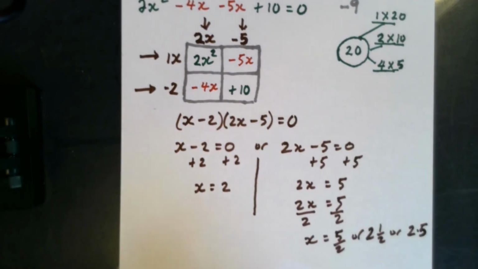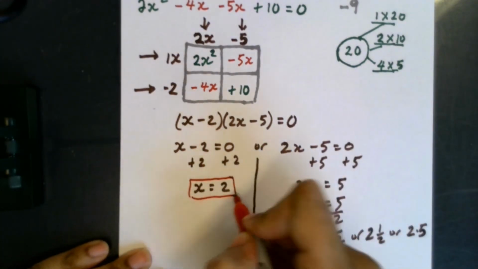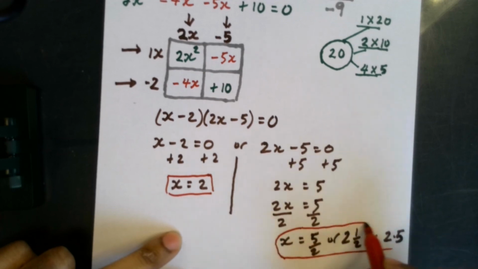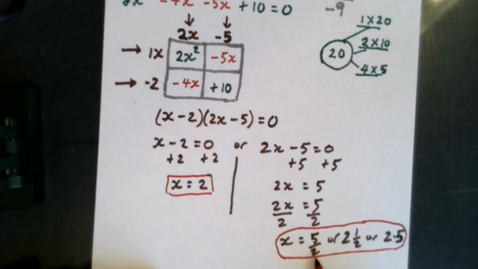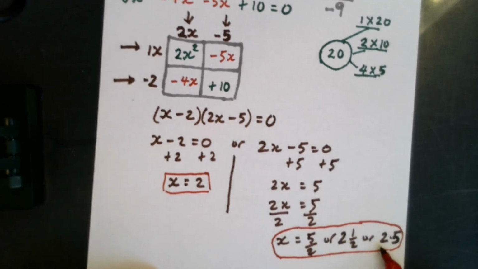Alright, x is equal to 2, and I have a next answer. Alright, so my next answer is 5 over 2, or you can rewrite that as a mixed fraction, 2 and a half, or as a decimal, 2.5.